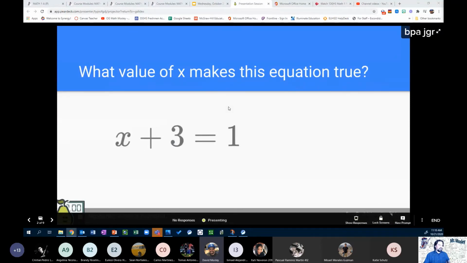What value of x makes this equation true? Please type the number that you can replace x with to make the equation equal 1.